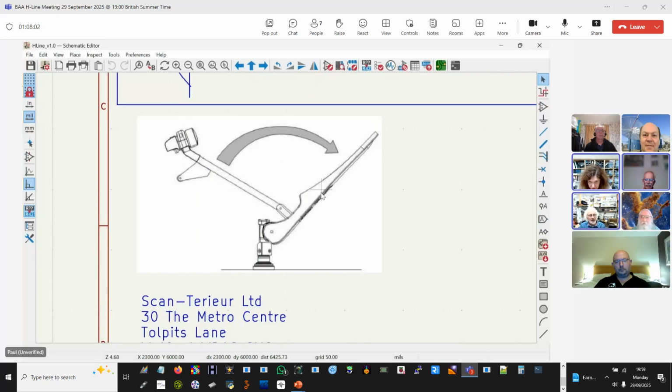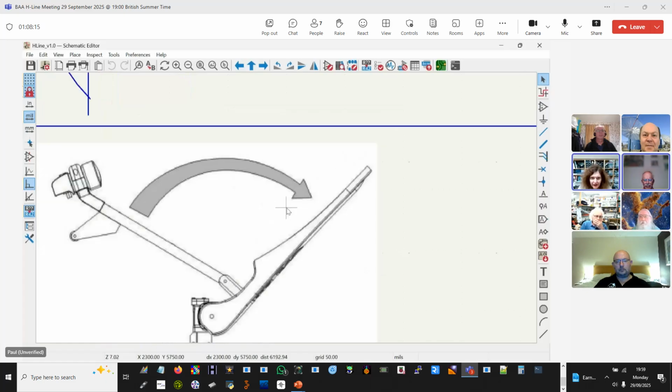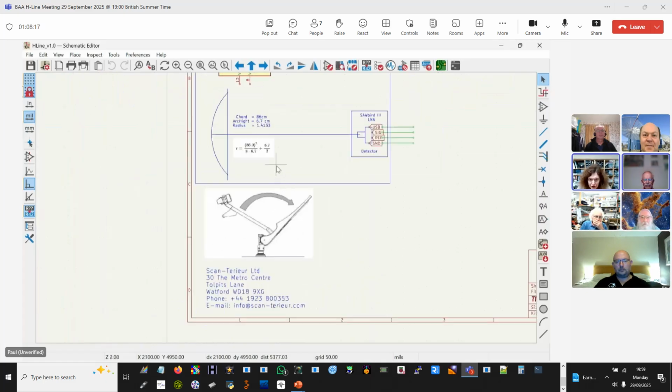So your other thing to bear in mind is, if it's an offset fed dish, it probably isn't parabolic, so your picture's slightly above the screen. The dish works as a reflector, not as a complete parabola.